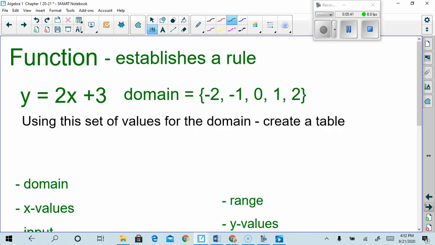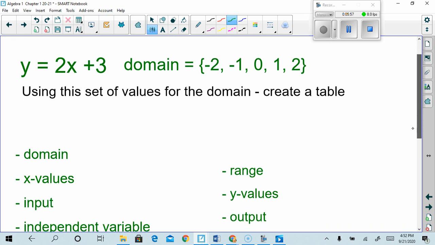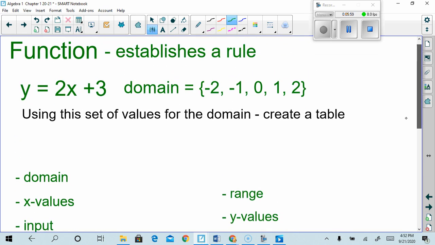Let's try one more. Again, a function establishes a rule. I keep repeating this so this way we start to really make the connection. Use this set of data for the domain to create a table. Please do that now. And again, I keep writing these key phrases to keep them in our minds.